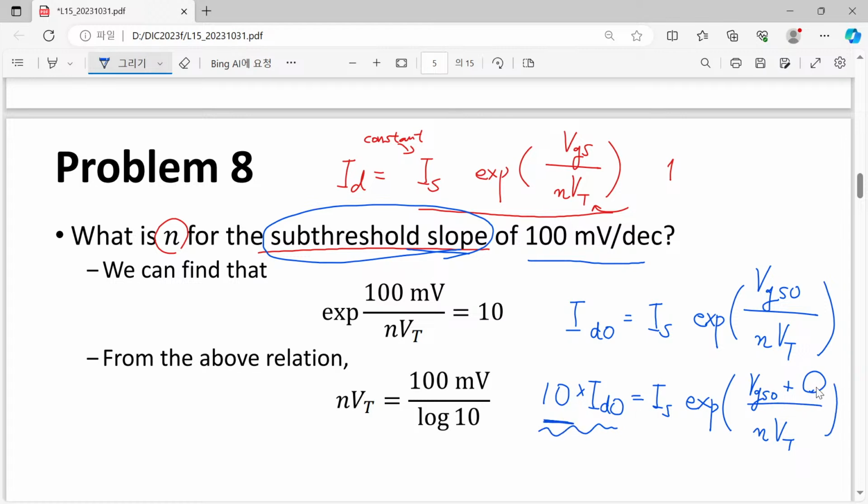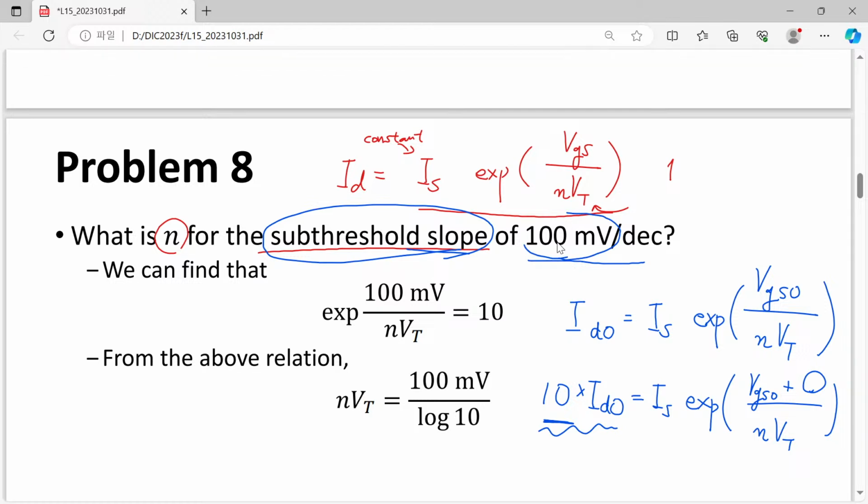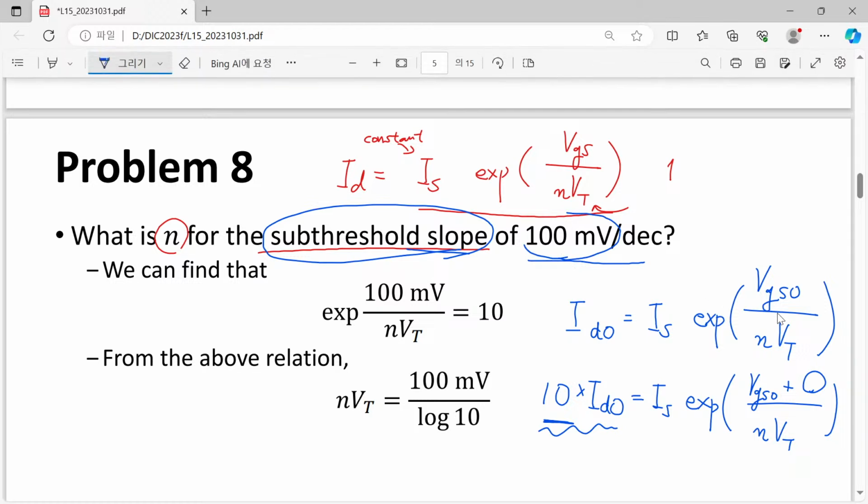But how large is it? Here 100 millivolt per decade means that we need an additional 100 millivolt to increase the current by a factor of 10. So simply speaking, here we must have 100 millivolt.